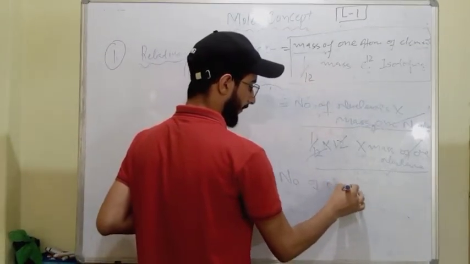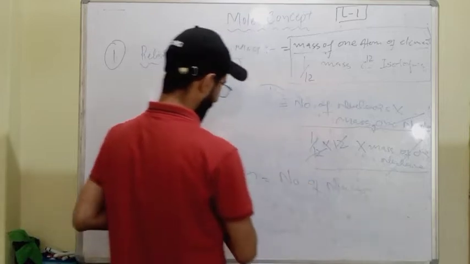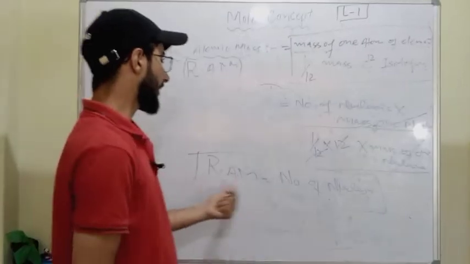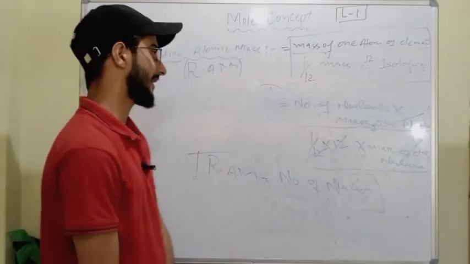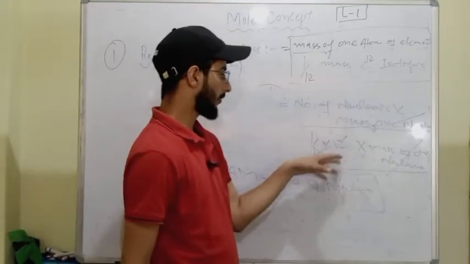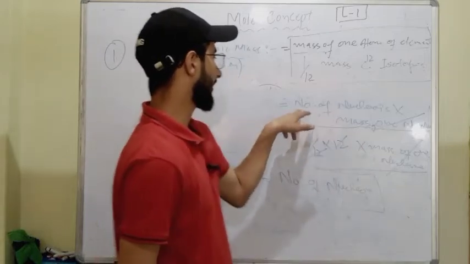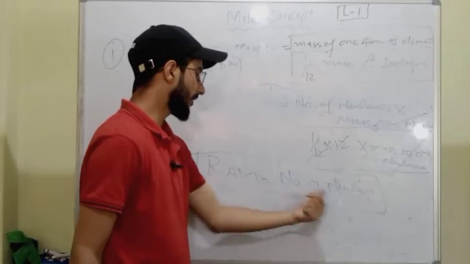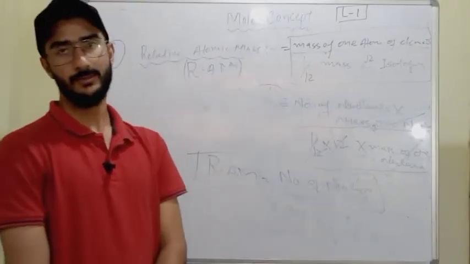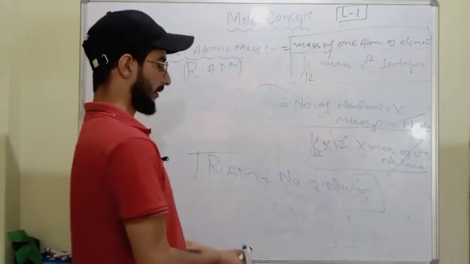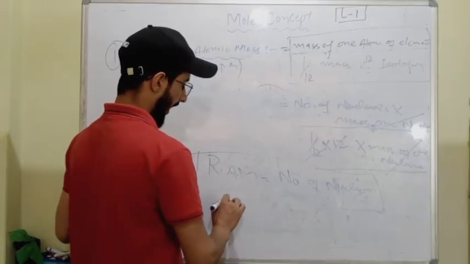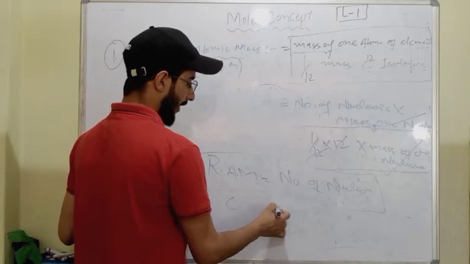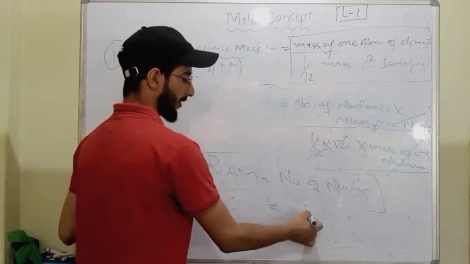So the relative atomic mass will be equal to the number of nucleons present in that atom, because all the rest will be cancelled out and I am getting only the number of nucleons. If I have carbon, the relative atomic mass of carbon will be 12.